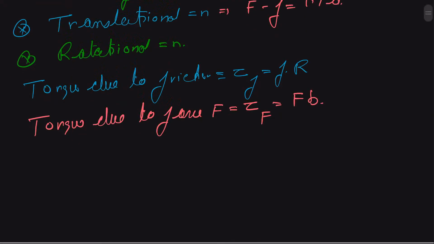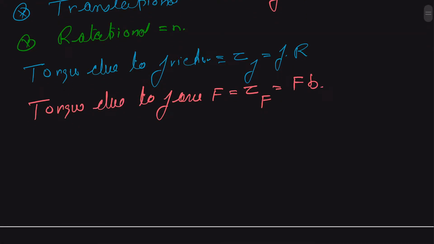Therefore we can write the equation: fr minus Fb will be equal to I multiplied by the angular acceleration, that's our alpha. And moment of inertia is given to us, that is half m r square. And for our alpha, because there is rolling without slipping, alpha will be equal to a upon r.